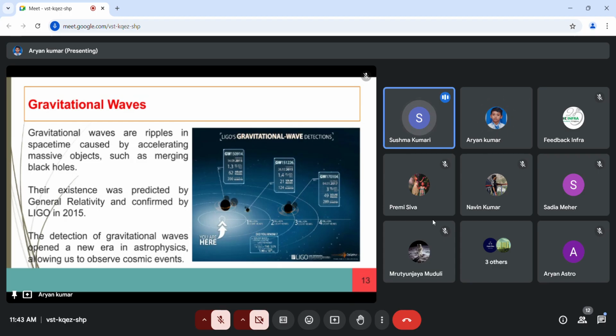Their existence was predicted by general relativity and confirmed by LIGO in 2015. The detection of gravitational waves opened a new era in astrophysics, allowing us to observe other cosmic events.